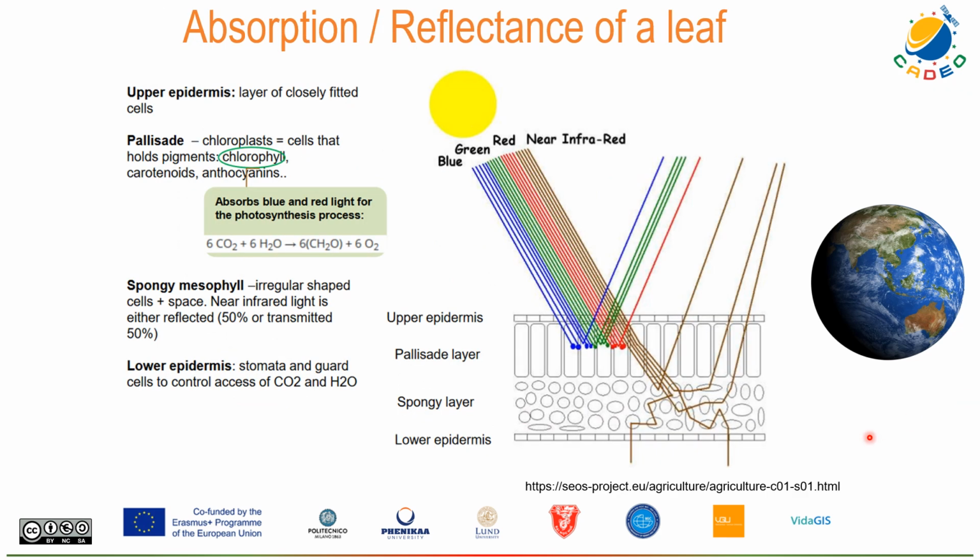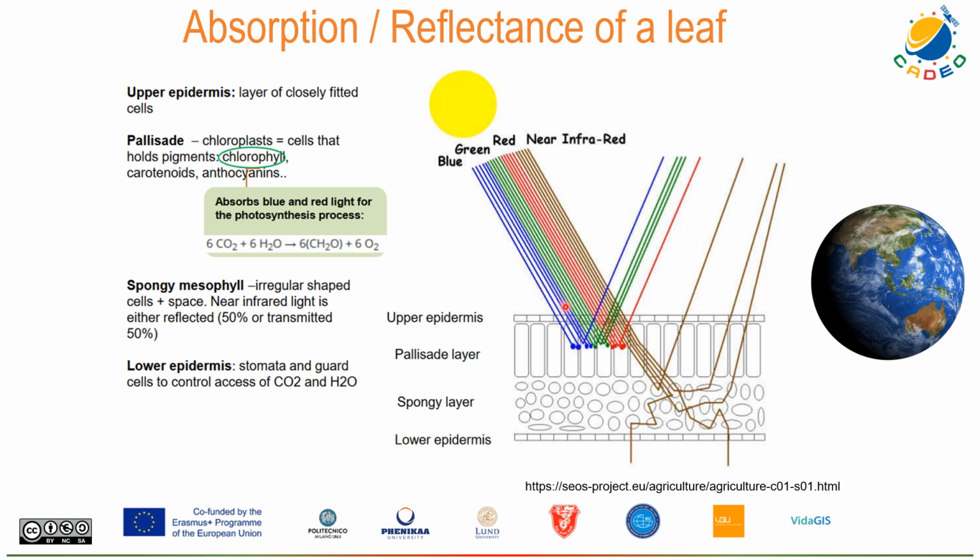We can see here that some of the radiation will be absorbed and some will be reflected from a leaf. So the blue wavelengths are being absorbed and not so much reflected.